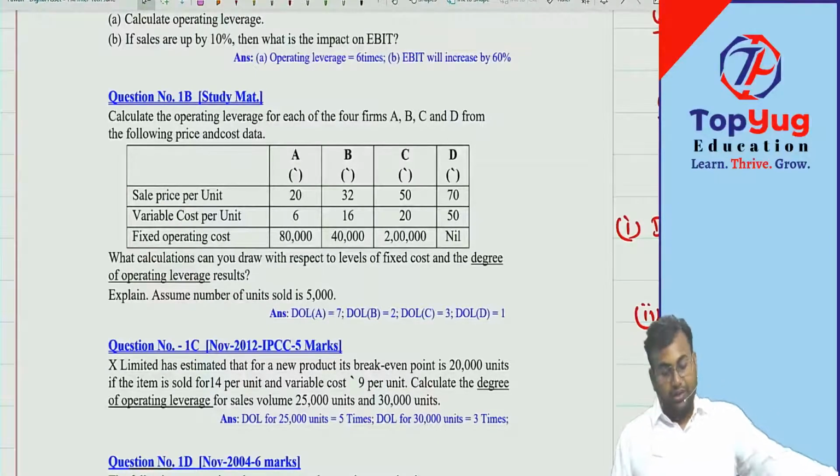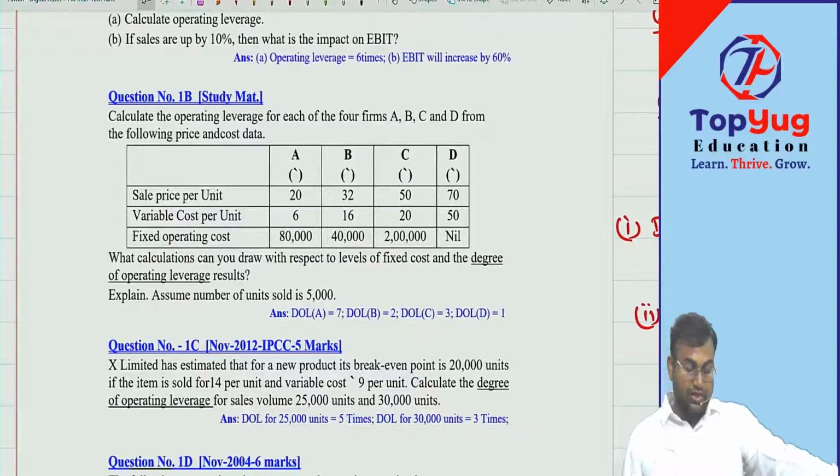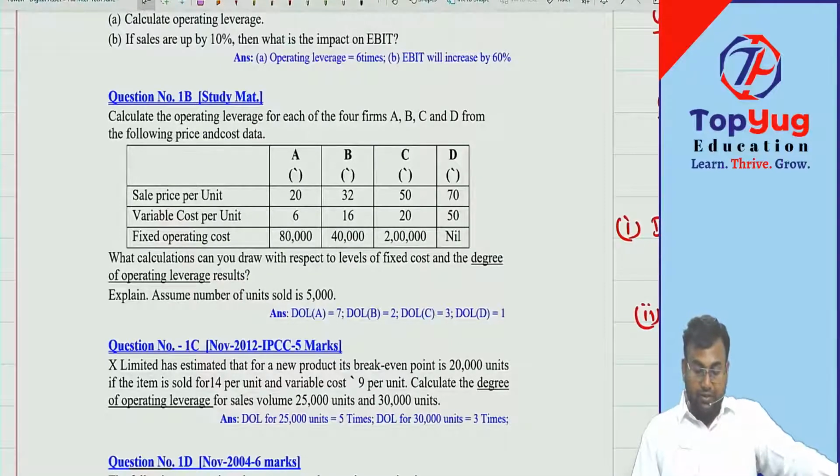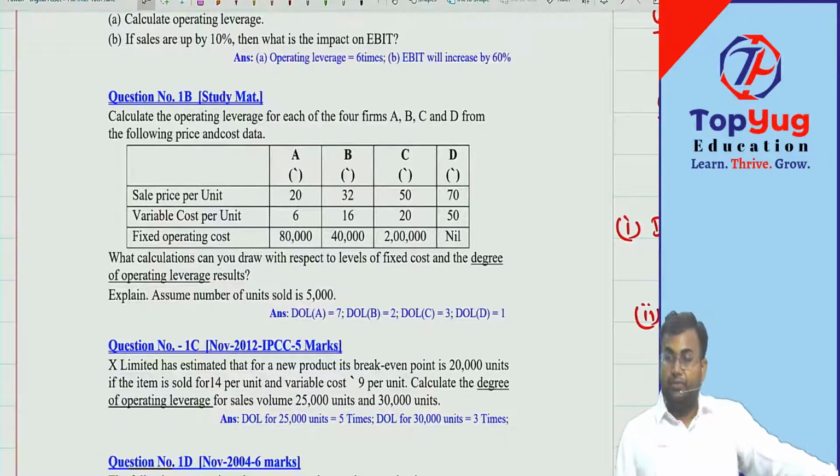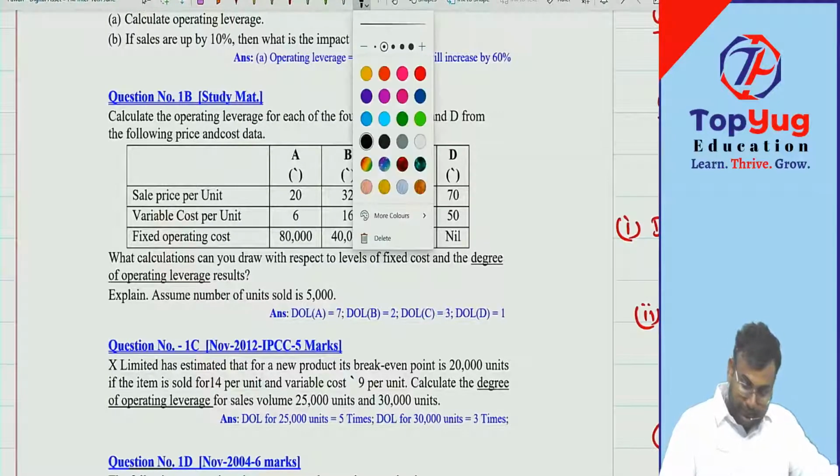So there are four firms. Again, I believe we are supposed to calculate the degree of operating leverage. Selling price and variable cost are given to you. What conclusion can you draw with respect to the levels of fixed cost and degree of operating leverage results? Assume the number of units sold is 5,000. Easy to do? Yes. Let's try to do it.